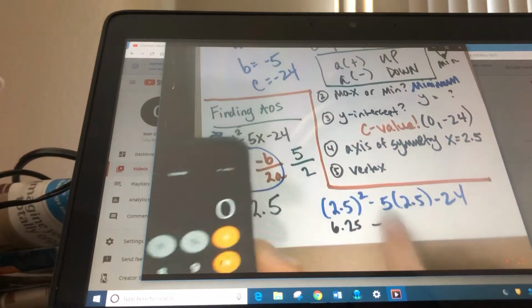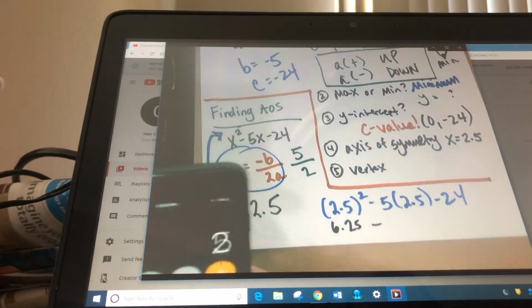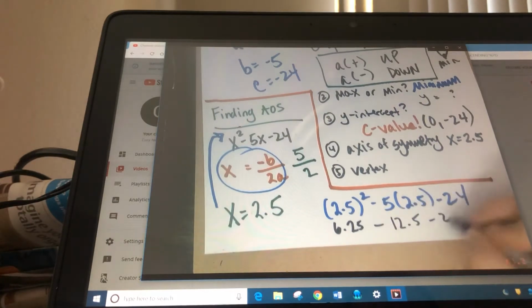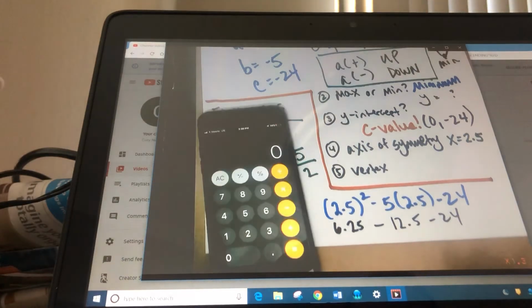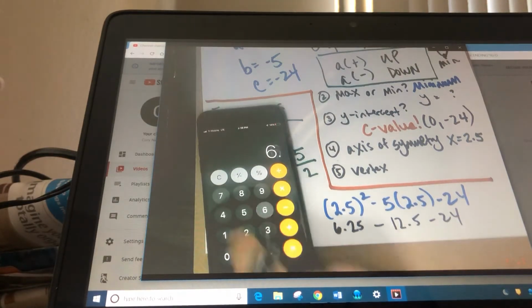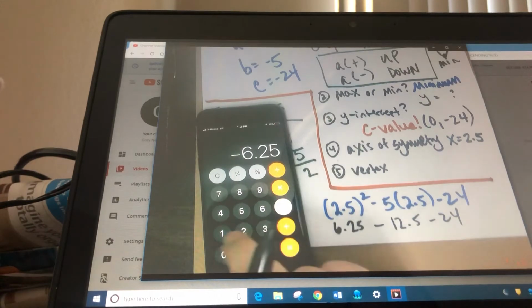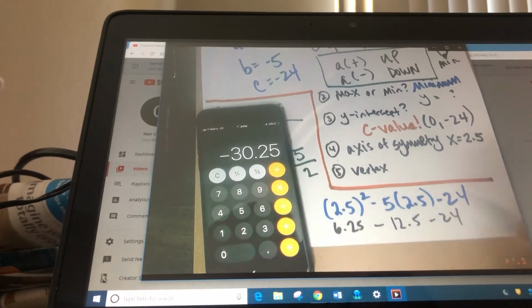And let's do the next one. 5 times 2.5. So that's 12.5, right? And then a minus 24. So once you get here, now you can put it all in your calculator, right? 6.25 minus 12.5, negative 30.25.